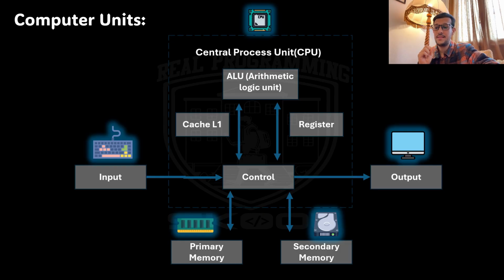And as we said before, the secondary memory is slower than the RAM because the secondary memory is permanent storage, where you can store instructions for a long time or always in your computer. But primary memory is faster than the secondary memory, but it's temporary.